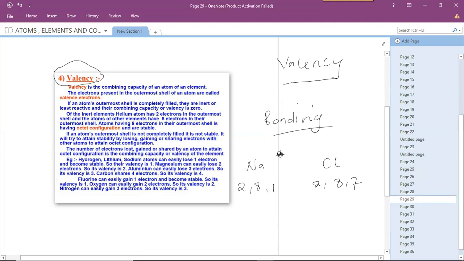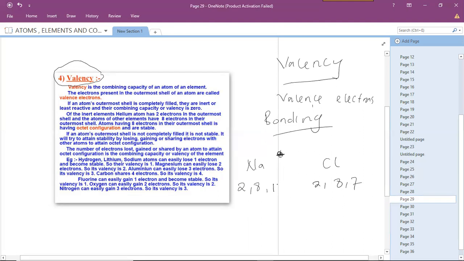Remember I said there's a difference between valency and valence electrons. Let me show you the difference. Here sodium and chlorine both have 3 electronic shells.